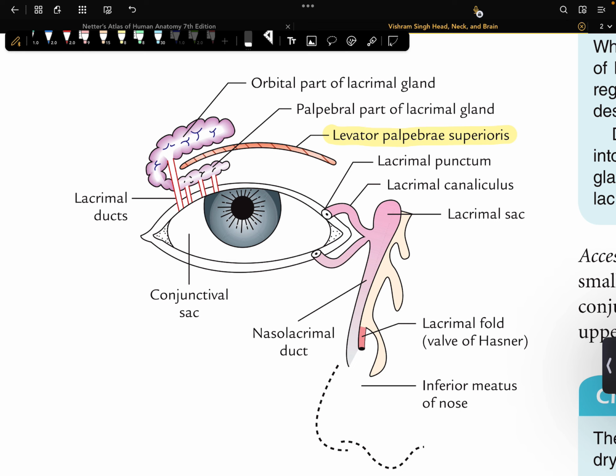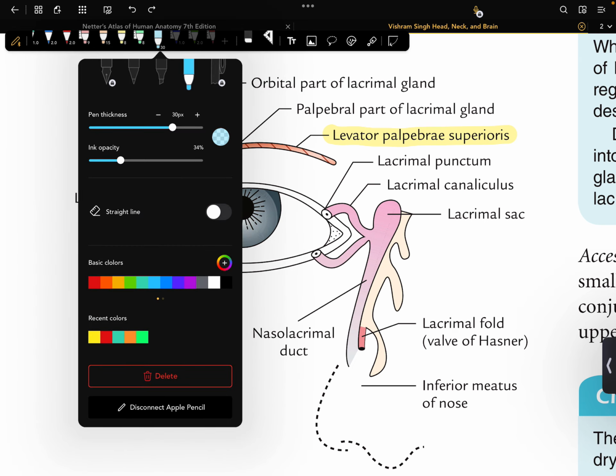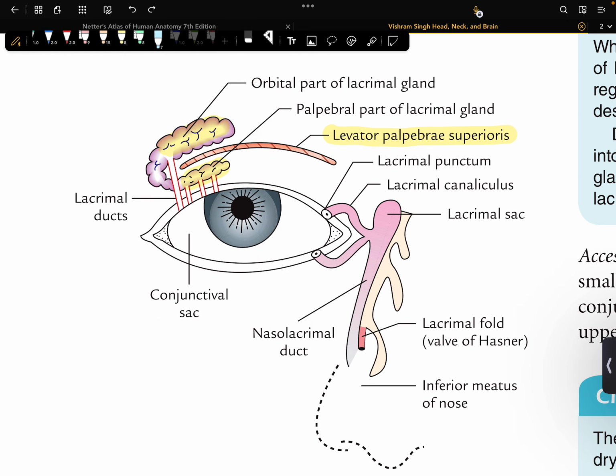This is the upper part of the gland, and this is the lower part of the gland, divided into two parts by the levator palpebrae superioris.